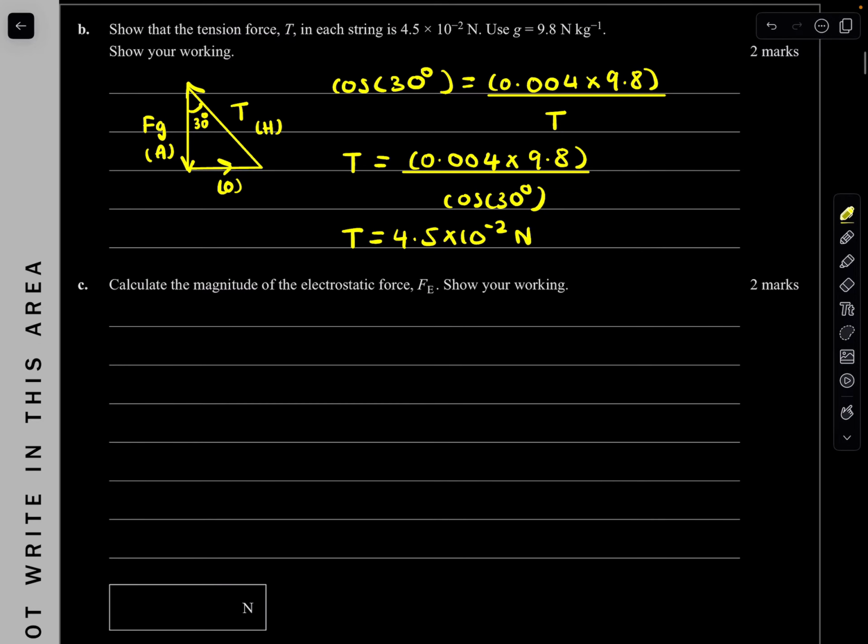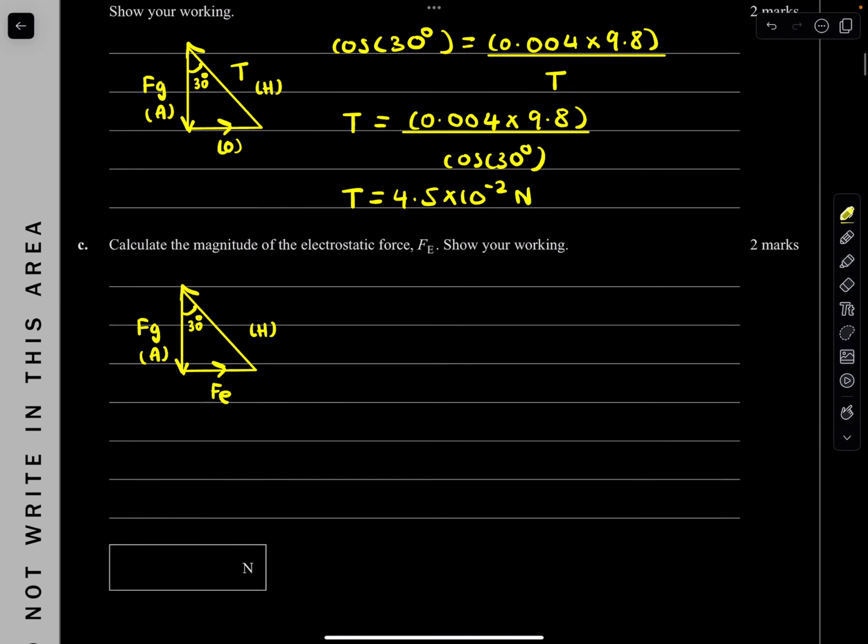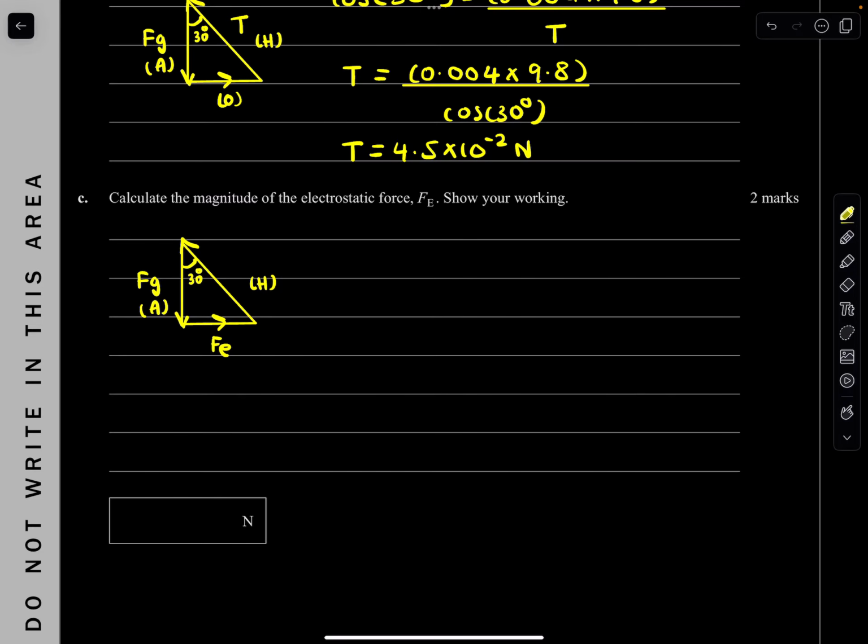Basically just using the same thing. Let me just copy and duplicate this whole thing. But now, in this case, I don't want to find this tension. I want to find the opposite, because that's where my electrostatic force, Fe, was. So this is my opposite. I know my opposite and adjacent, so I want to use those. That's tan. So tan 30 is opposite, which is Fe, over Fg.